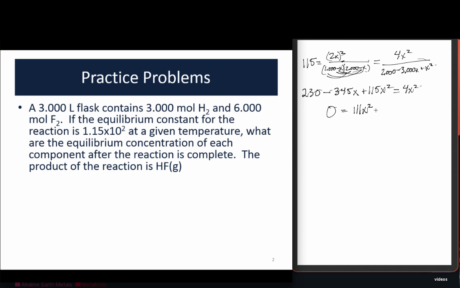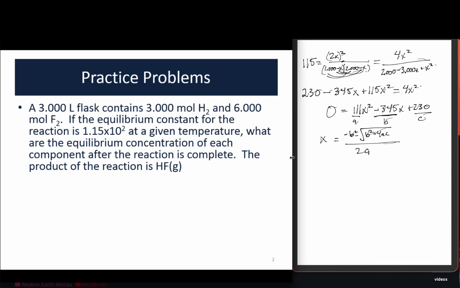minus 345x plus 230. Okay, then we can solve this as a quadratic where this 111 is A, negative 345 is B, and 230 is C. And then the quadratic formula tells us x is equal to the opposite of b plus or minus the square root of b squared minus 4ac divided by 2a.